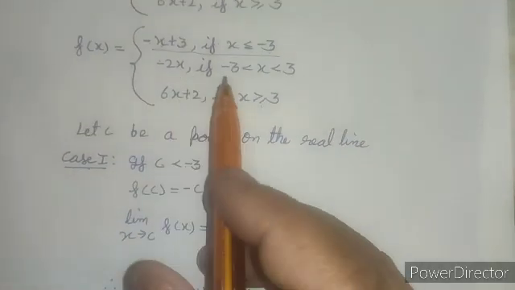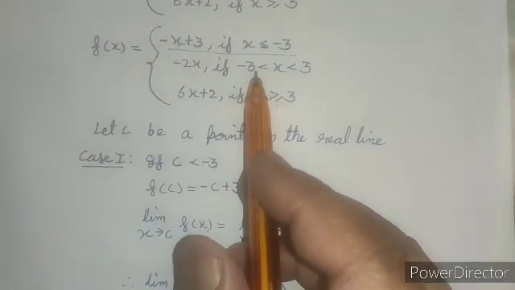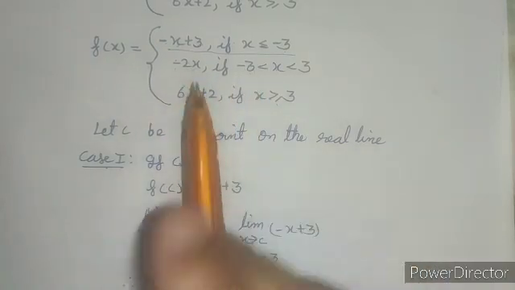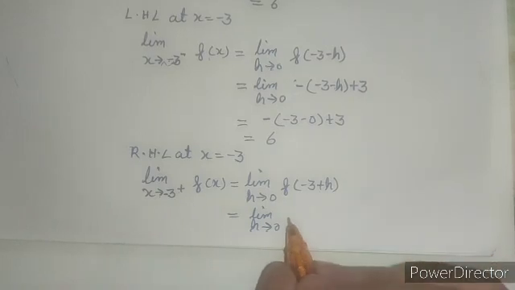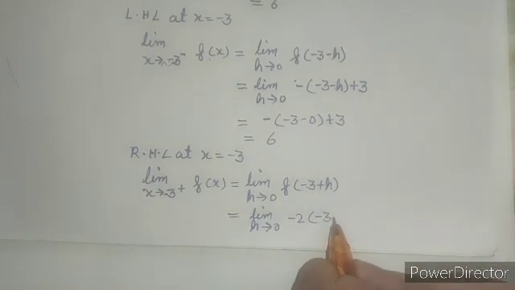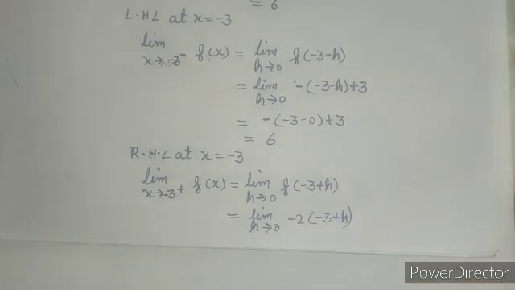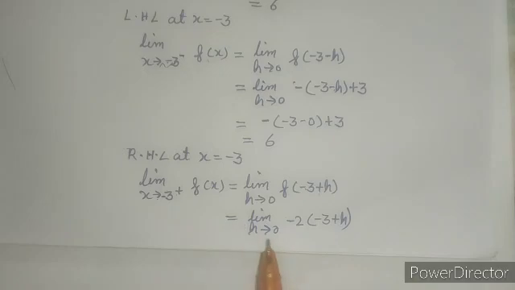For the values greater than minus 3, the function is minus 2x, so this will be minus 2x, and x was minus 3 plus h. On putting the value of h as 0, we will get the value of the function.